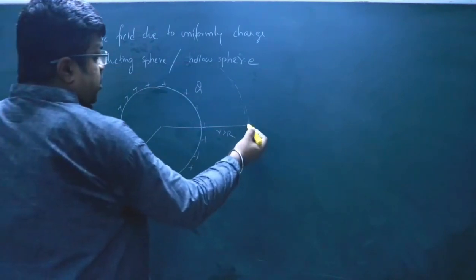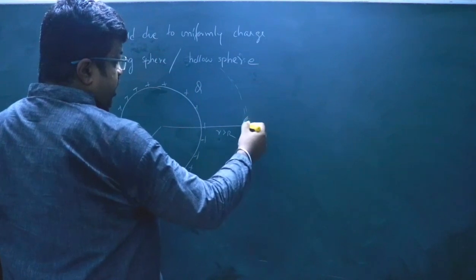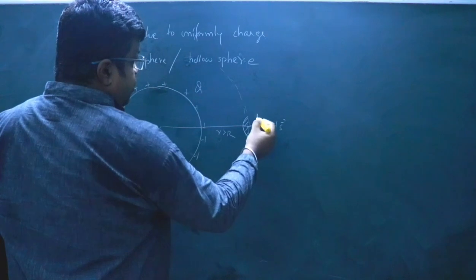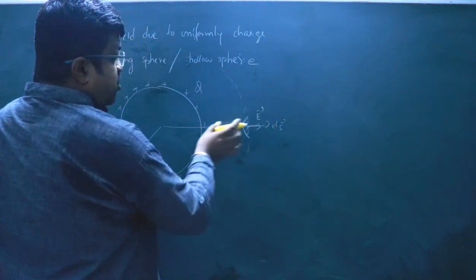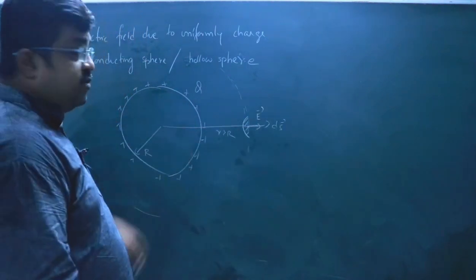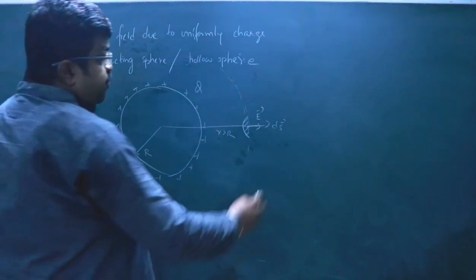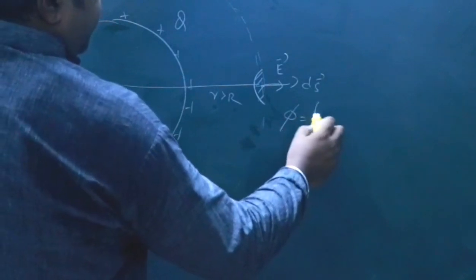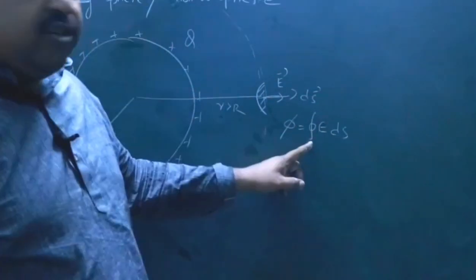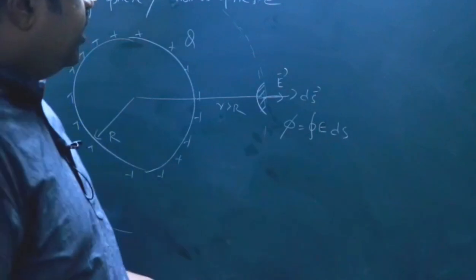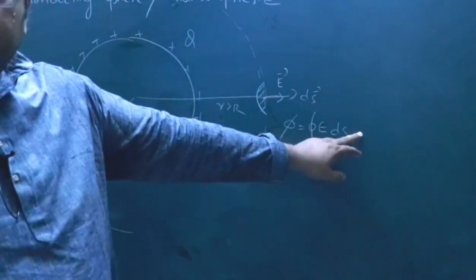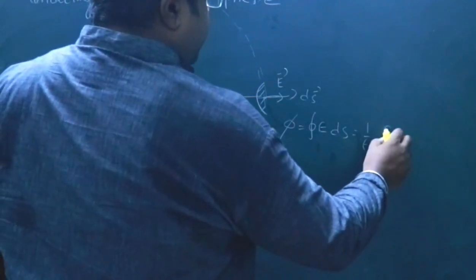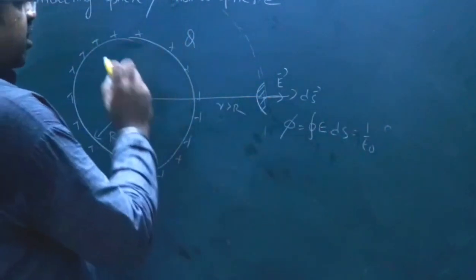For this point, again we take one small area, this is ds. Electric field intensity is also in the radially outward direction, so it will be in the direction of ds because of positive charges. Applying Gauss's theorem, we have phi equal to the integral over the closed surface of E dot ds. Again I am not writing the cos 0 term, so this is E ds, equal to 1 by epsilon naught times the enclosed charge, which is q.